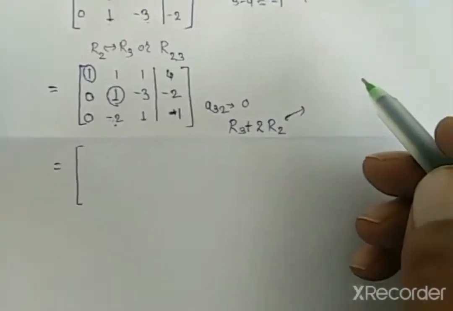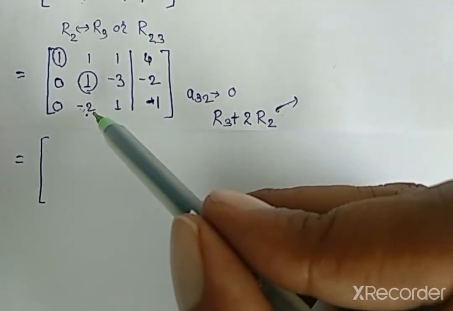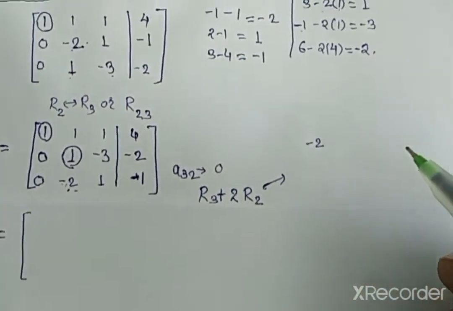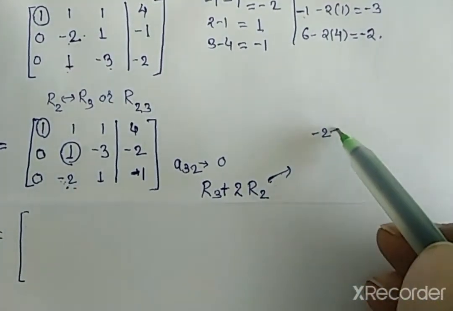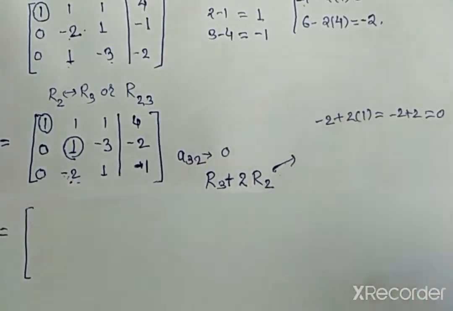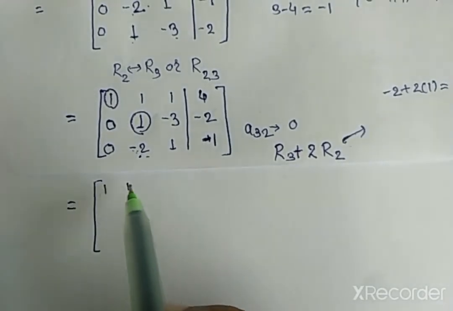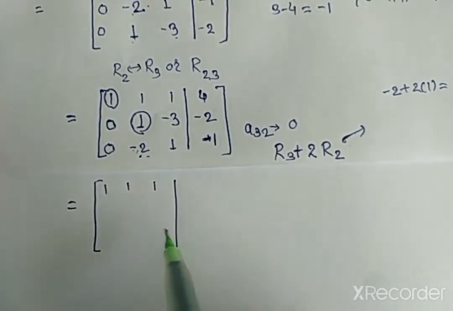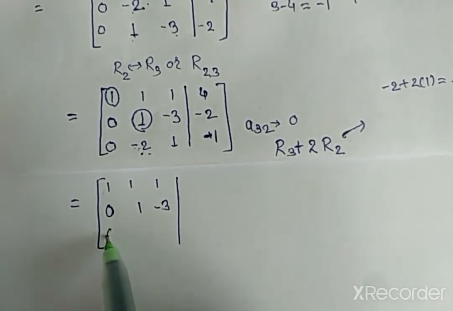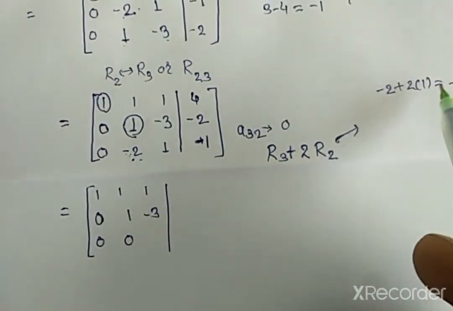So here we use the row operation R3 plus 2R2. We write the calculation of R3 plus 2R2 here. The first calculation will be minus 2 plus 2 into 1, which gives minus 2 plus 2 equal to 0. First we write the first two rows as they are: 1 1 1 4, second row 0 1 minus 3 minus 2, and the third row starts with 0, because minus 2 plus 2 is 0.